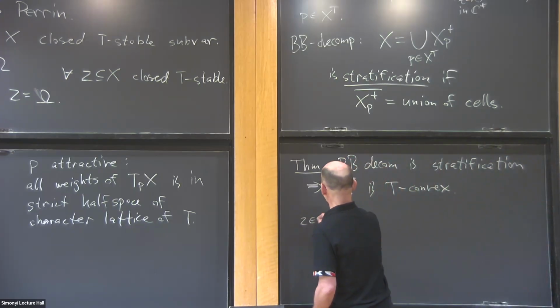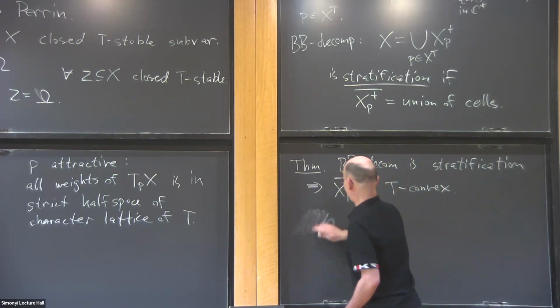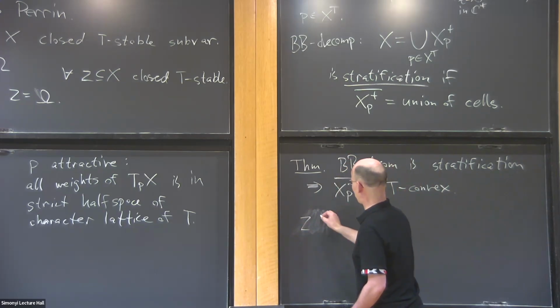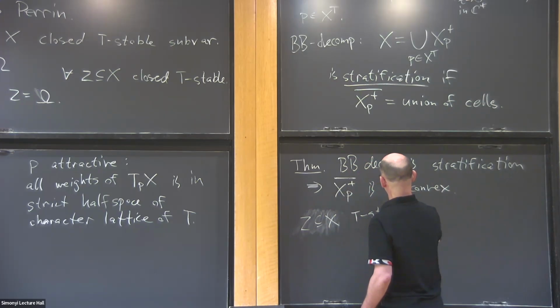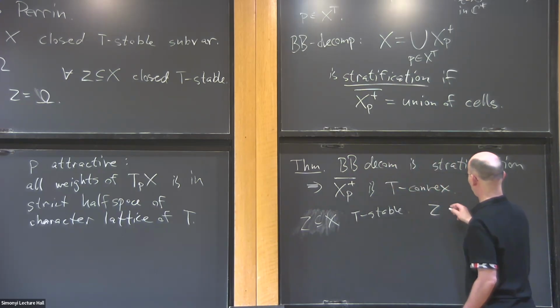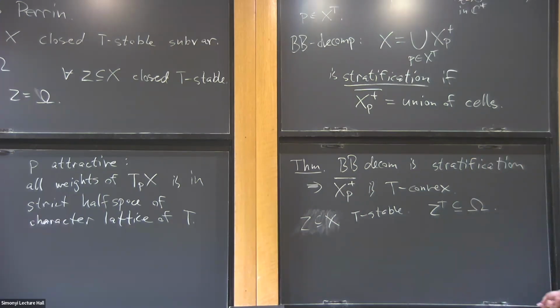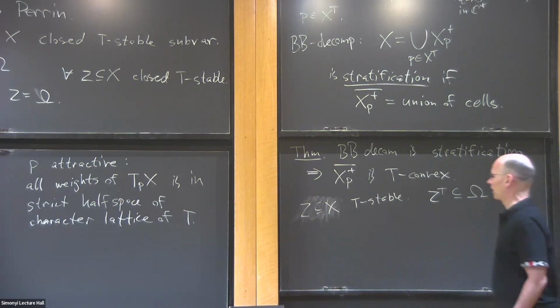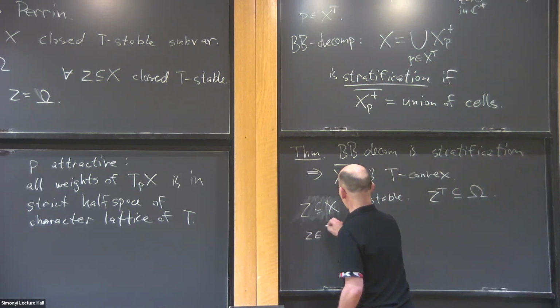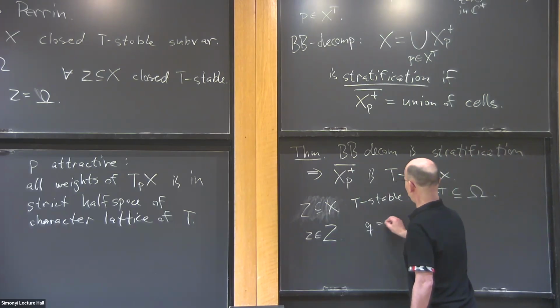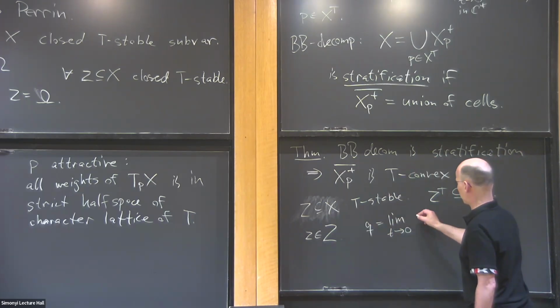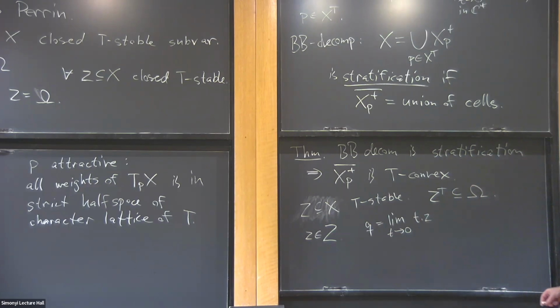If I say Z is T stable, and if the T fixed points of Z are contained in omega, then what? Well, I could take a point little z in capital Z, and then define Q to be the limit as t goes to 0 of t times this z.